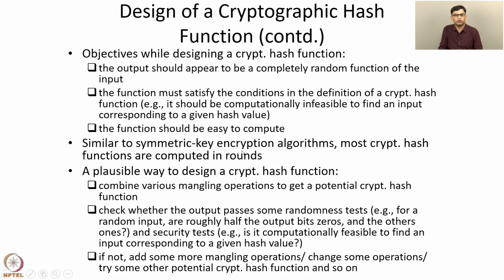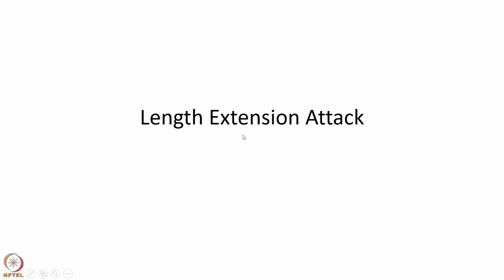And so far, no one has found a way to break the security, and it has been found to satisfy randomness tests. So it is currently being used in practice. So potentially, in principle, one could use some other operations to get another cryptographic hash function. And indeed, there are many cryptographic hash functions which are used in practice.